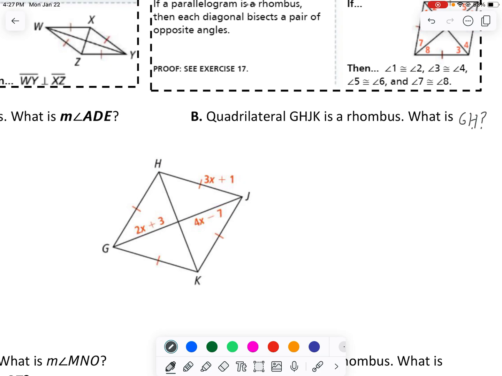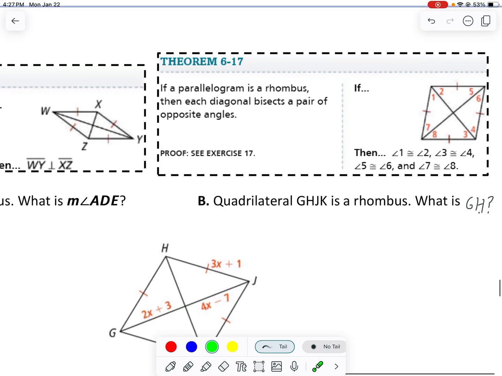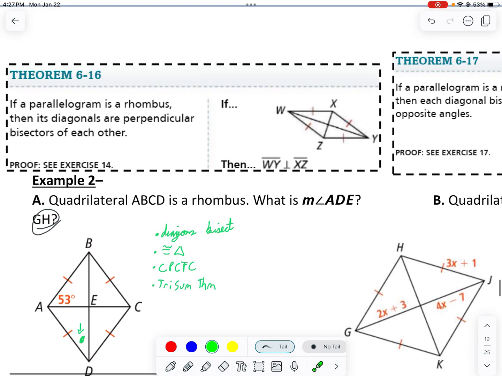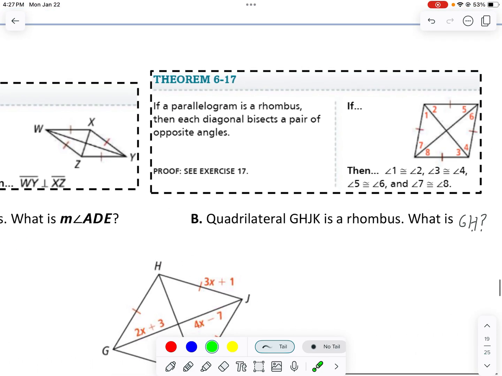So, we know that GH is here. So what can we do in order to find it? Ooh, looking at that. We know that this is 3x plus 1, so that's the same. We know that this is related to it, and that's something that you can look up using one of these rules up here. Okay? All right.